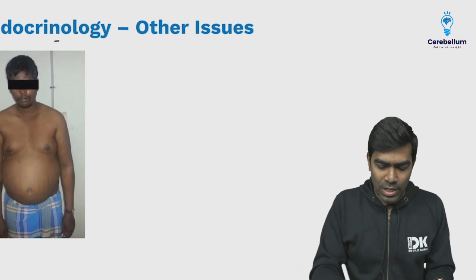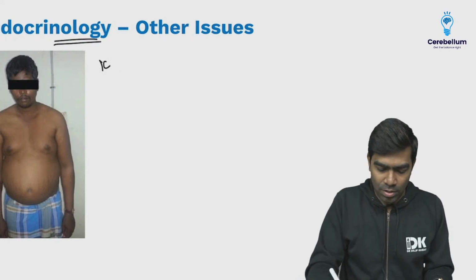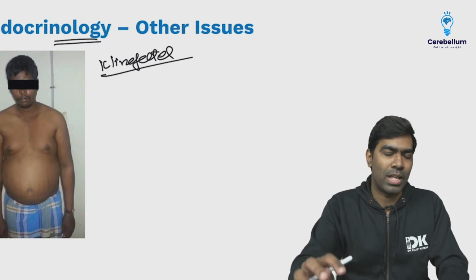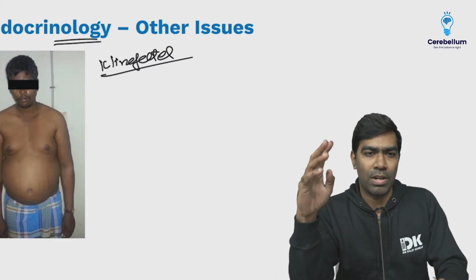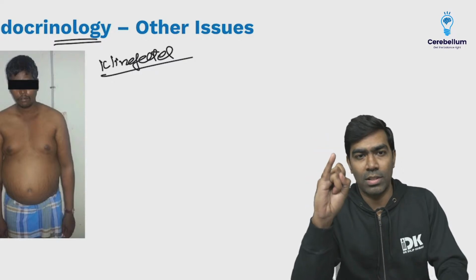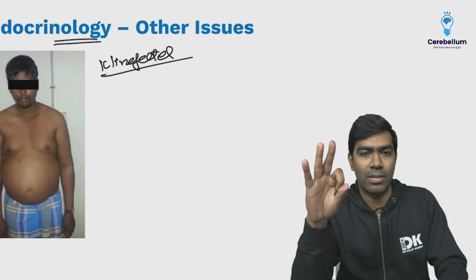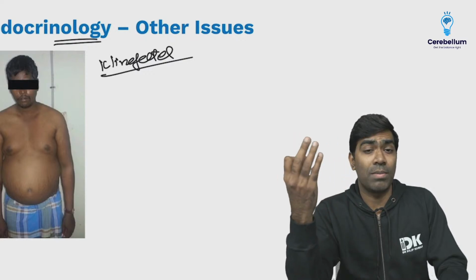So let us look at some of the other endocrine issues, like Klinefelter syndrome. This is also something that's very commonly asked in exams. There are four or five syndromes that you need to definitely remember. In fact, for FMGs, I specially recommend four syndromes. One is Turner syndrome. Second is Klinefelter syndrome. Third is Marfan syndrome.